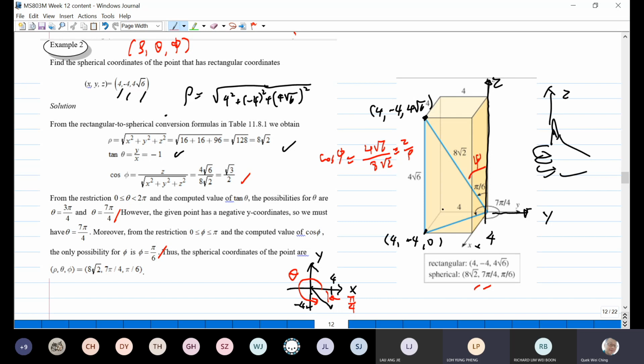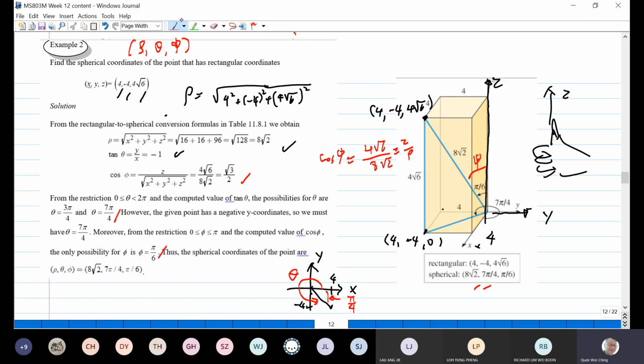Theta. Yes. Okay, you see the point x equal to 4, y equal to minus 4, right? Yep. X equal to 4, y equal to minus 4 is in the fourth quadrant, right? And you measure theta from the positive x-axis.